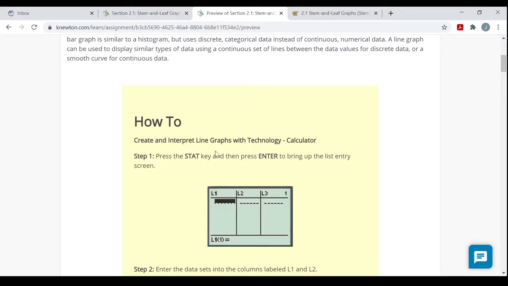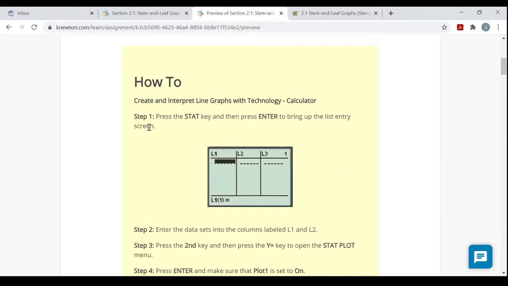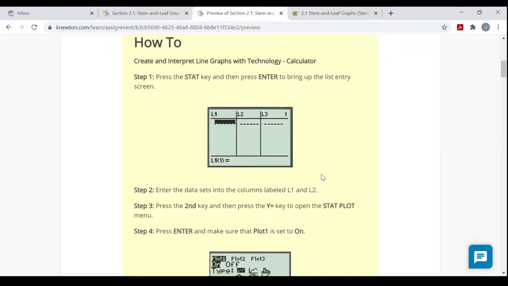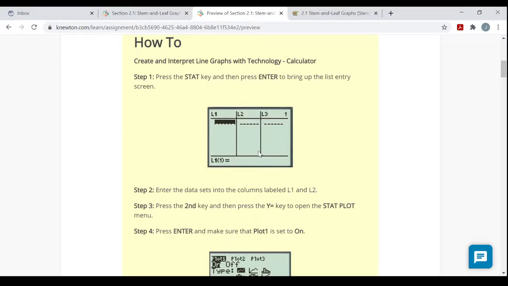So the first one's how to create a line graph with your TI-84. So you make a list. You enter lists of data, list 1 and list 2. One will be for the horizontal axis values, and the other list will be for the vertical axis values.